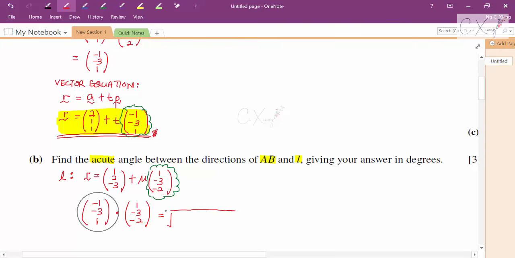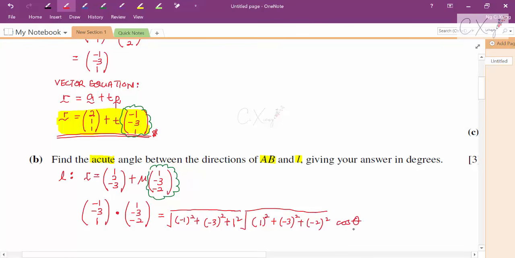So the modulus for this one will be negative 1 squared plus negative 3 squared plus 1 squared, multiplied with the modulus for this direction as well, where you are having 1 squared plus negative 3 squared plus negative 2 squared, and then multiplied with cos theta. So the theta here will actually be the angle between the two directions.